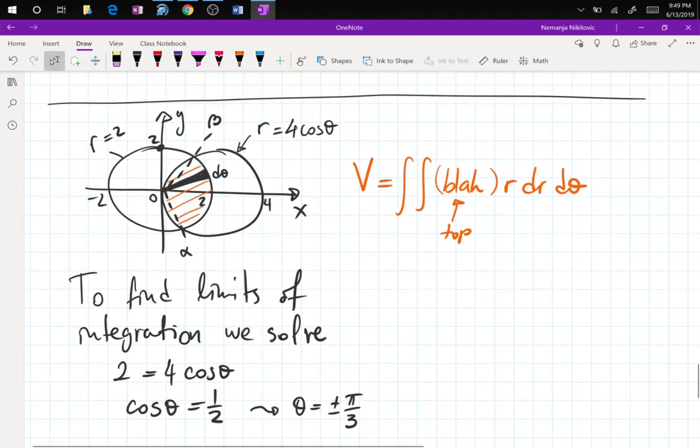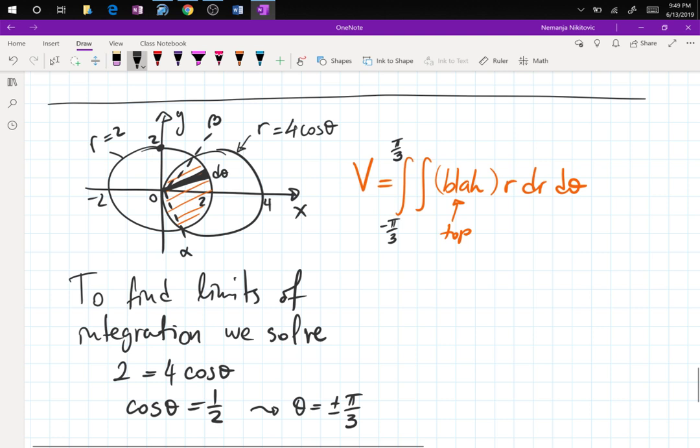So now, there I say clearly, the outer limits are negative pi over 3 and positive pi over 3, because my representative pizza slice is allowed to swing from alpha and swipe everything up to beta, and that will give you the entire region.